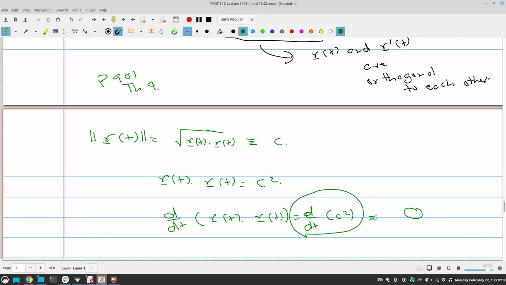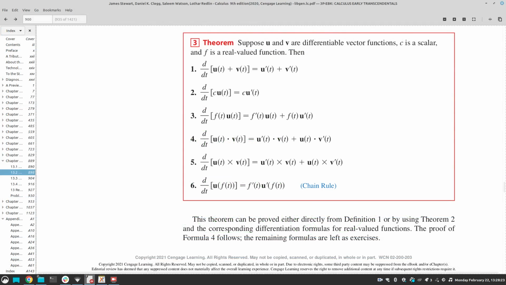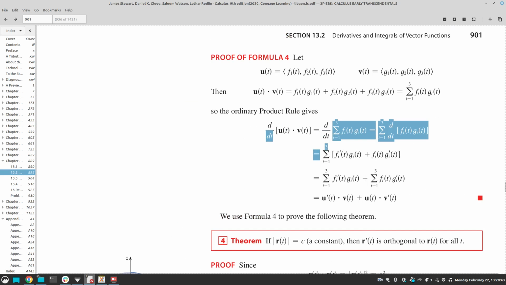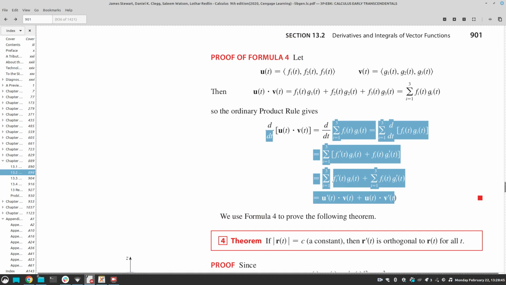But what is d over dt of r t dot r t equal to? Equation 4 tells me that d over dt of u t dot v t equals u prime t dot v t plus u t dot v prime t. In fact, that is proved here, using the product rule.